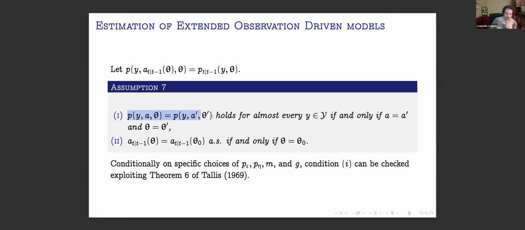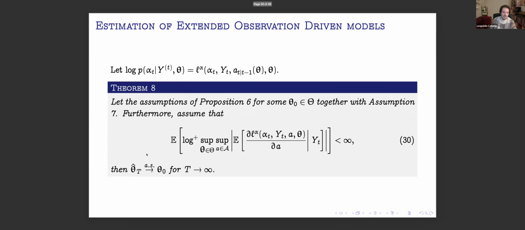So, for example, we need conditions of this kind, which, given specific choices of all the ingredients of the model, can be checked exploiting this theorem in this paper. And then this second condition here. It's pretty standard in the literature, and if we employ a stochastic specific choice for psi t, so the stochastic map of A_t, then this assumption can be checked quite easily.